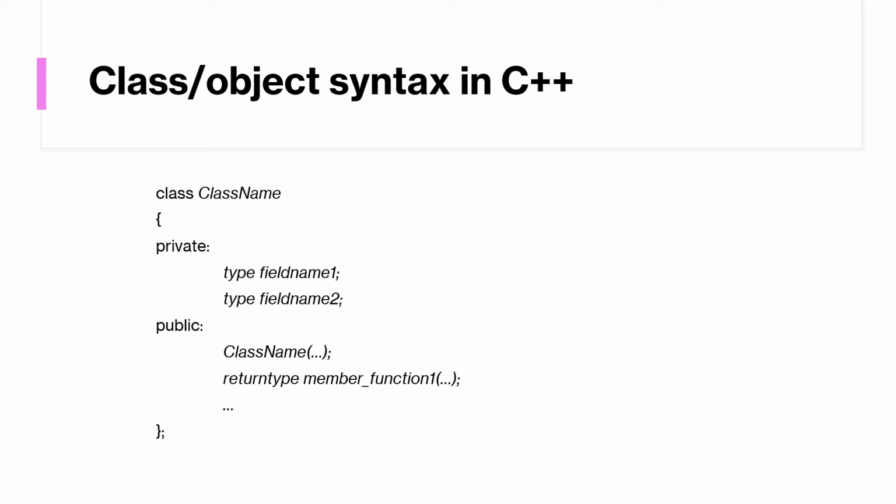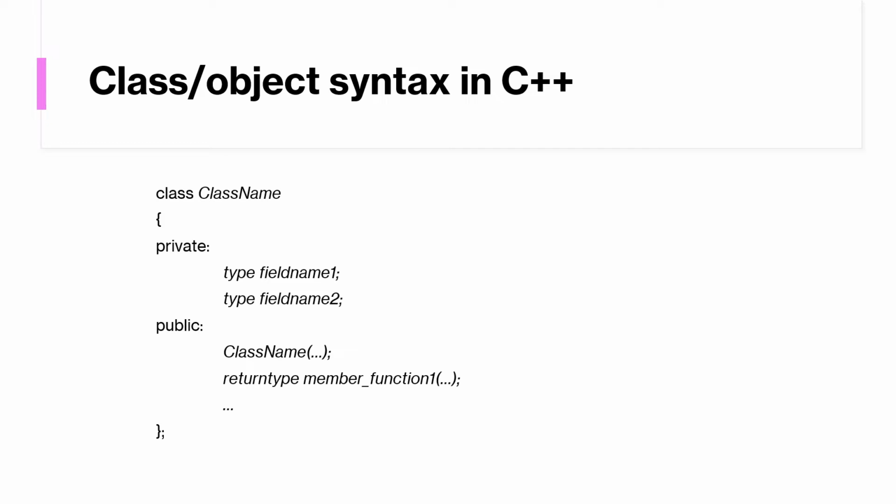You're going to have a private section of your class in which you put all of the member variables, because we want to keep our member data private and only access it through public getter and setter functions. And then we're going to have a public section in which we put the constructor or constructors. You can have multiple constructors, and all of the member functions as well.